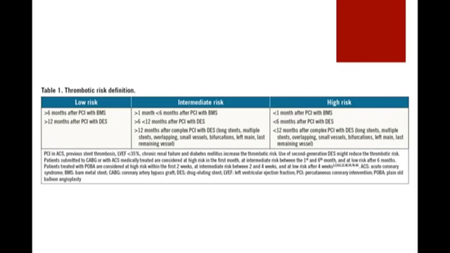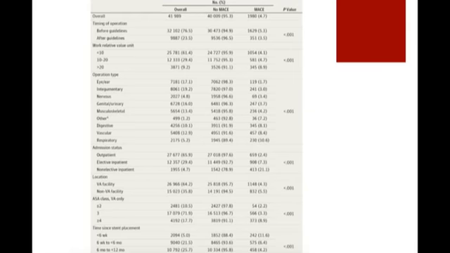Now, this slide is very important. This is adapted from a huge VA registry of more than 40,000 patients who had stents at one stage and going for non-cardiac surgery.